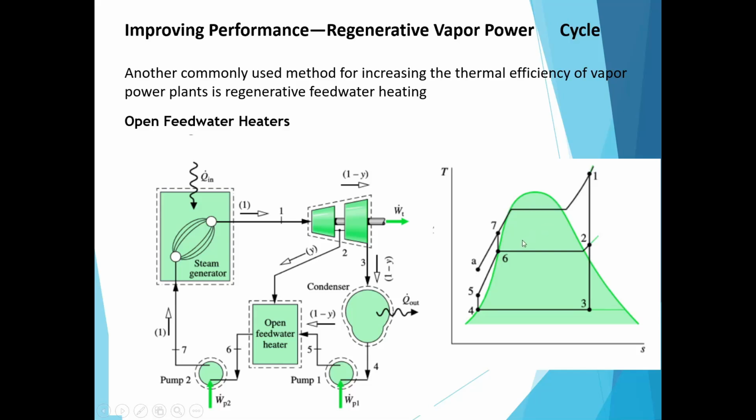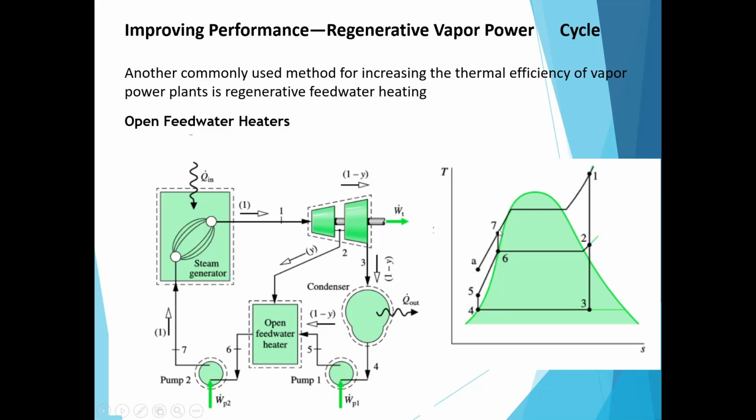So what the regenerative power plant does is, instead of giving all the heating to the boiler, it heats up the feed water. In this region you have subcooled water, right?